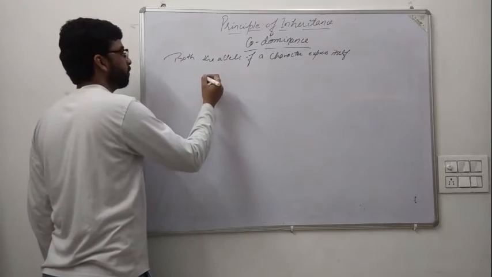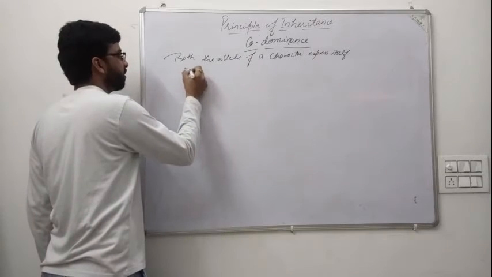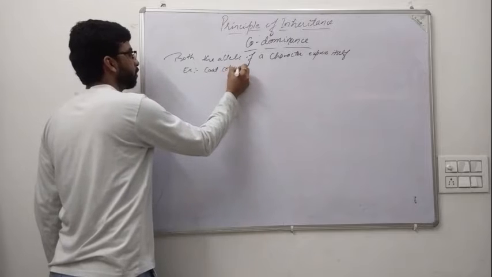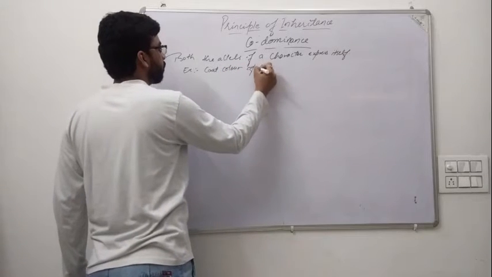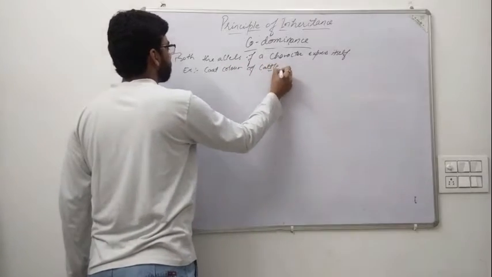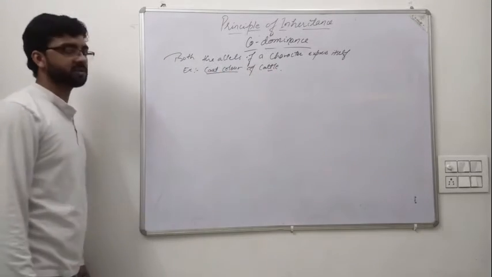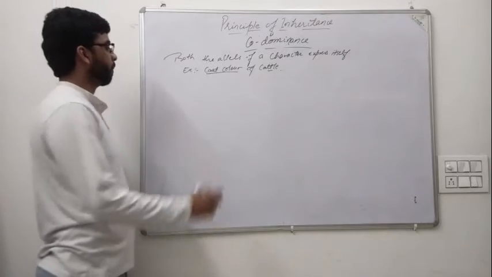So here we do an example with coat color of cattle. Coat color means skin color. Here we just discuss skin color.